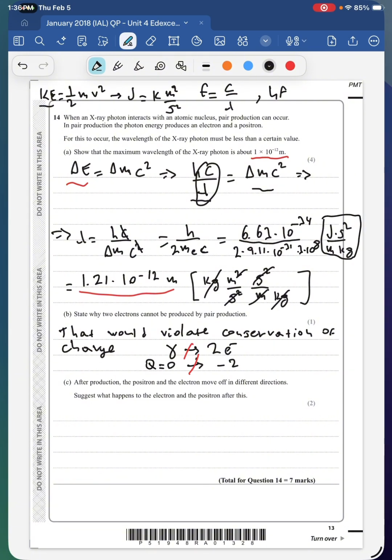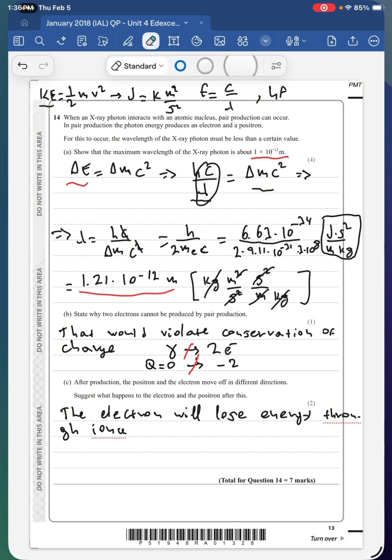The electron is a matter particle, so it interacts with regular matter, so it will lose energy through ionization, whereas the positron is an antimatter particle.